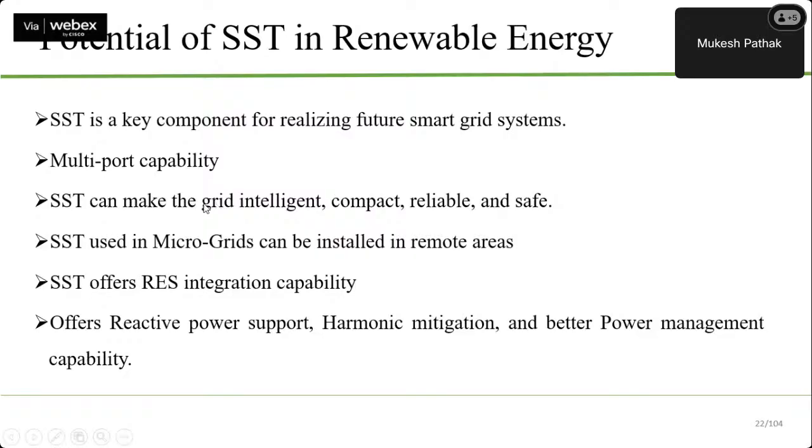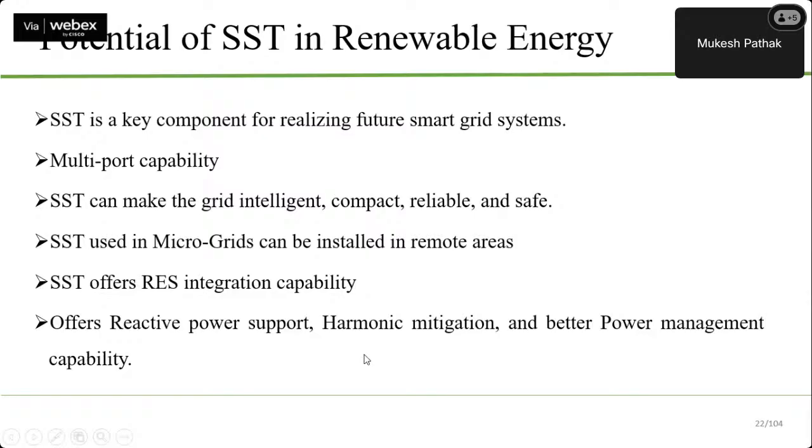So reactive power compensation is default in SST. That means the conventional transformer requires some sort of additional reactive power compensation. Here in this case, it comes as a part of the SST.